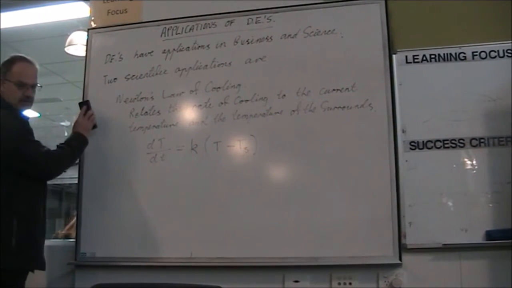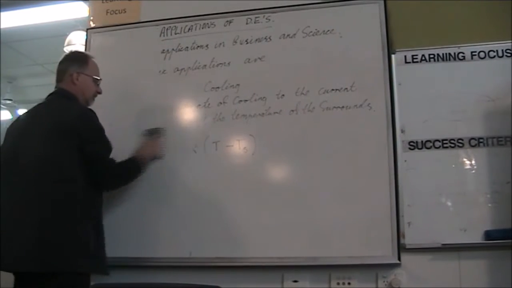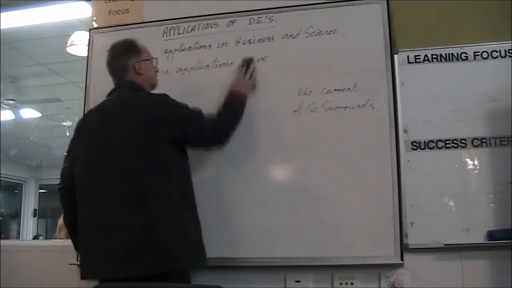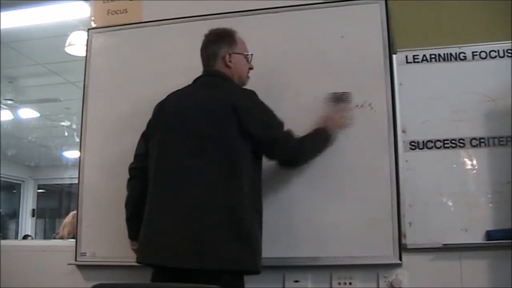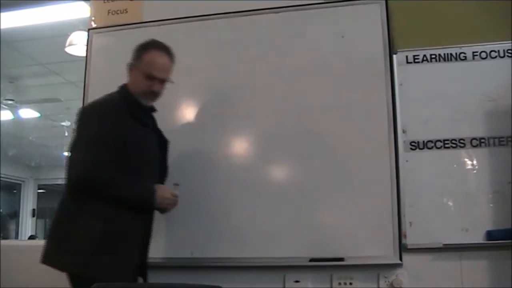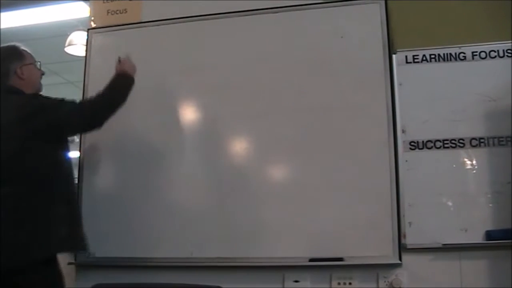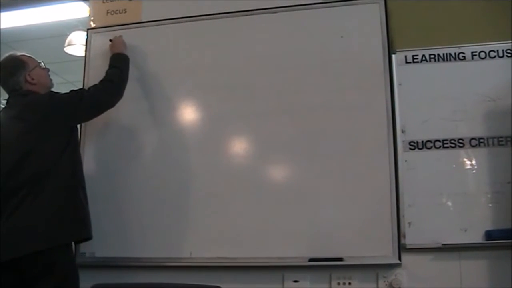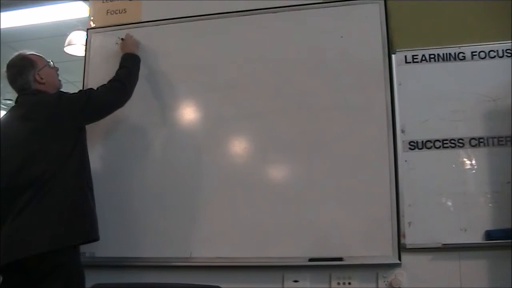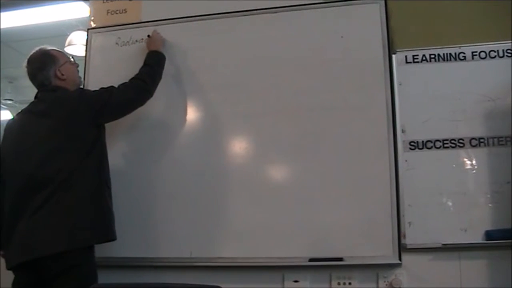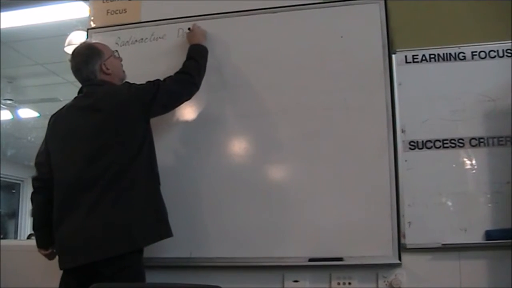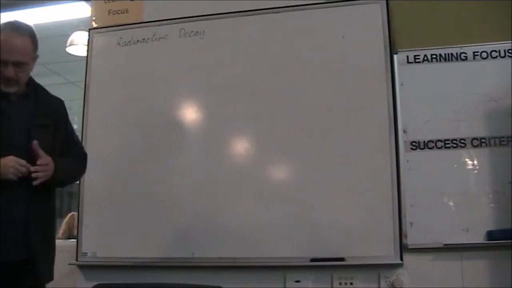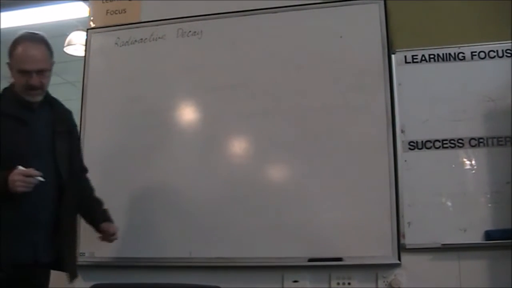All right. So the other one that we can use as a differential equation is radioactive decay. Those of us who are doing physics will know about half-lives and radioactive decay.